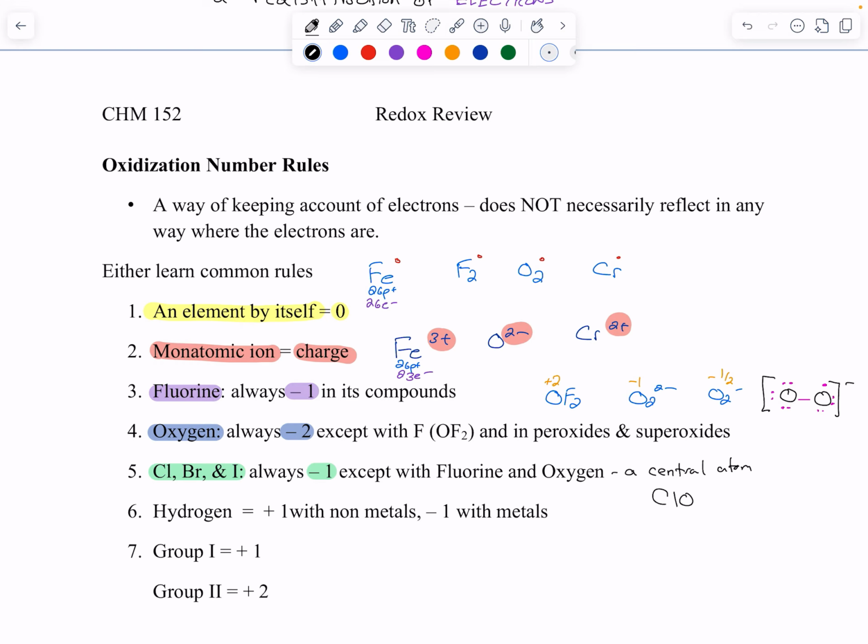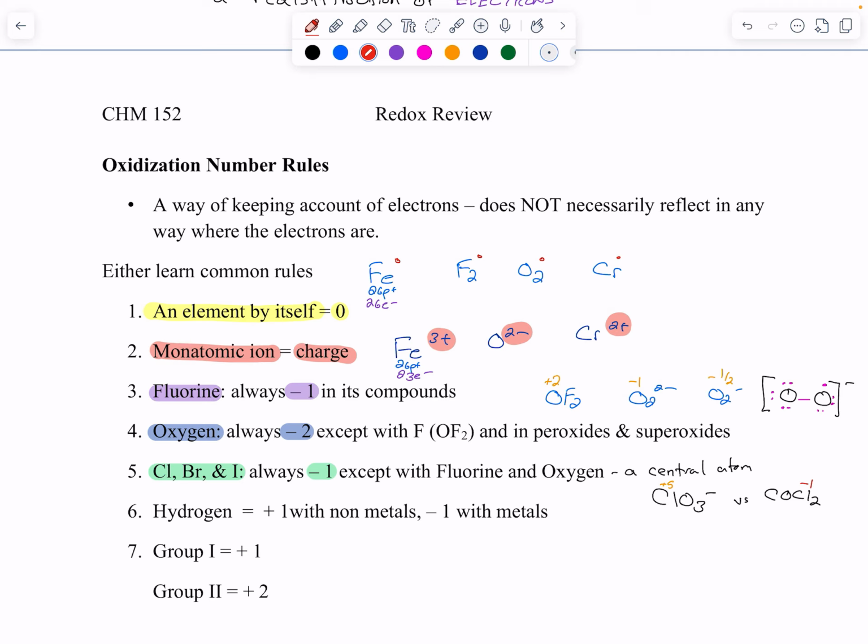ClO3 minus versus COCl2. All right. In chlorate, chlorine would be, what's that? +5. In the COCl2, chlorine's -1.